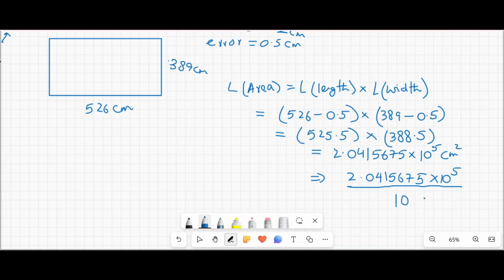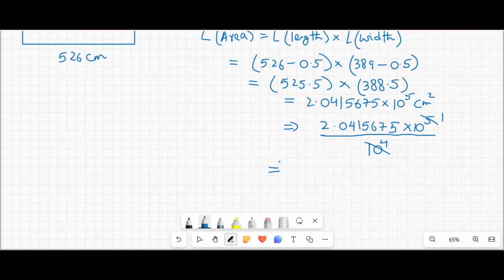So subtracting the powers, we will get just 10 raised to power 1. So we get 2.0415675 into 10 raised to power 1, which is 20.415675. This is in meter square because we are dividing.